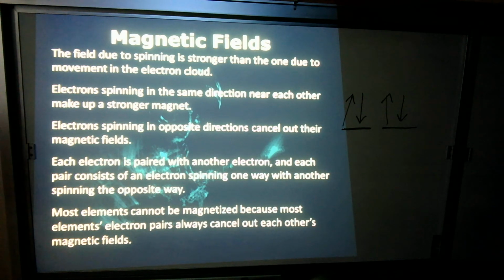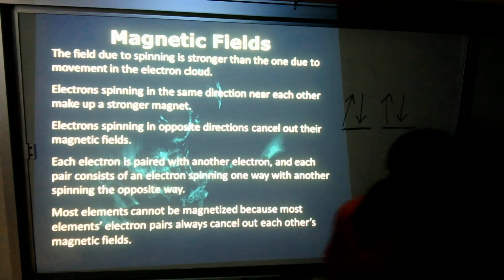In wood and plastic, which have electrons, they're always in pairs, and they're always paired with the oppositely spinning one, and oppositely spinning ones cancel out each other's magnetic fields. That's happening in wood and plastic and all the elements that can't be made magnetic. They always cancel out their magnetic fields. All those oppositely spinning paired electrons.